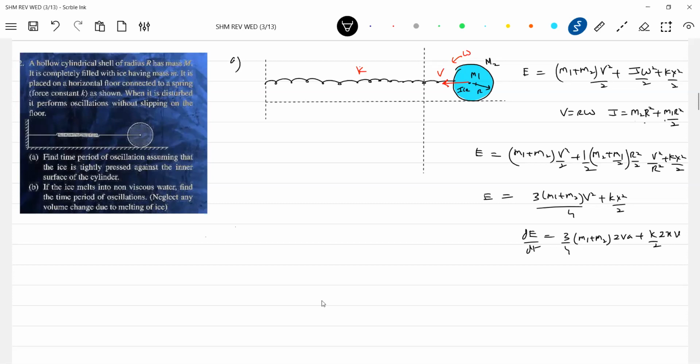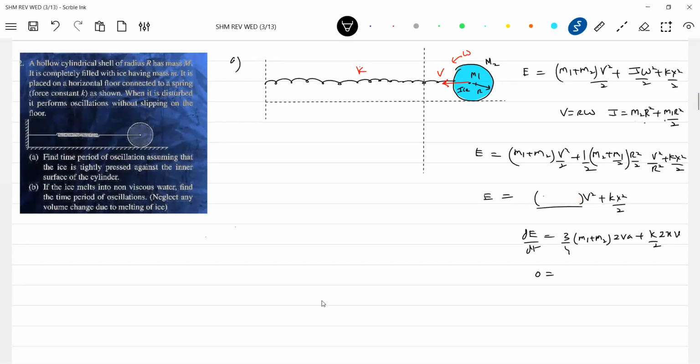Two xv. So this should be dE by dt. This should be M2 plus 3M1 by 4, okay, this one. 2M2 will come, 3M2. I'll make adjustment here. 1 by 4 M2, 2 I'll take outside, M by 2.